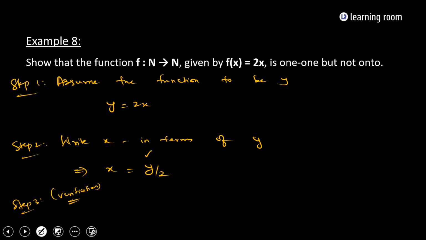Y is equal to 2x, x takes the values from the first set. And what does y take? Y takes the value from the second set. Means what I'm trying to say is, in the place of this y, if I substitute any natural number, then I should get a natural number.